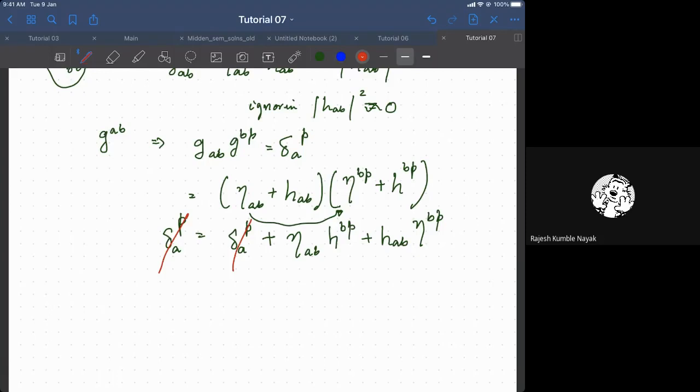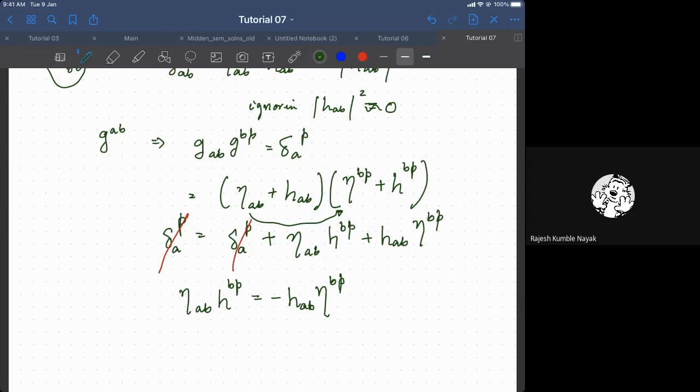It doesn't matter. Then we get the identity that eta AB HBP is equal to minus HAB eta BP.